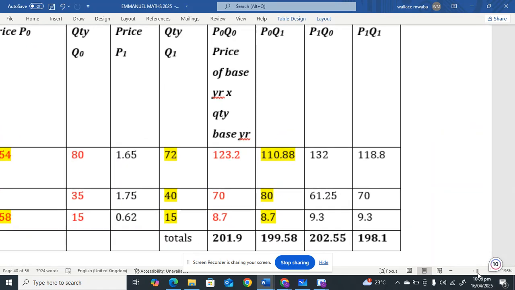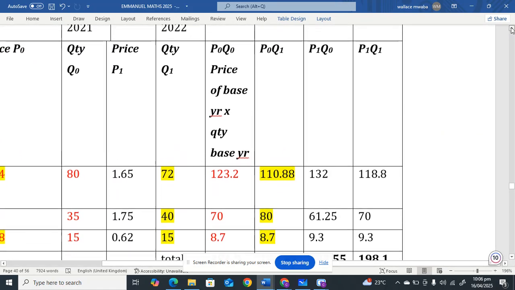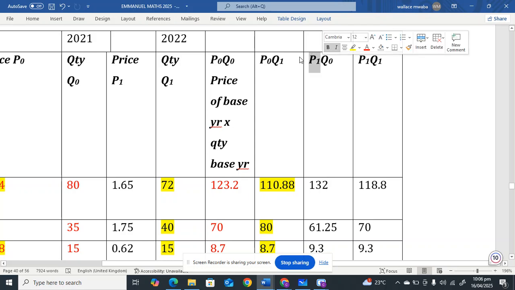If we look at column 3, now we're multiplying the price of 2022 by the quantity of the base year.